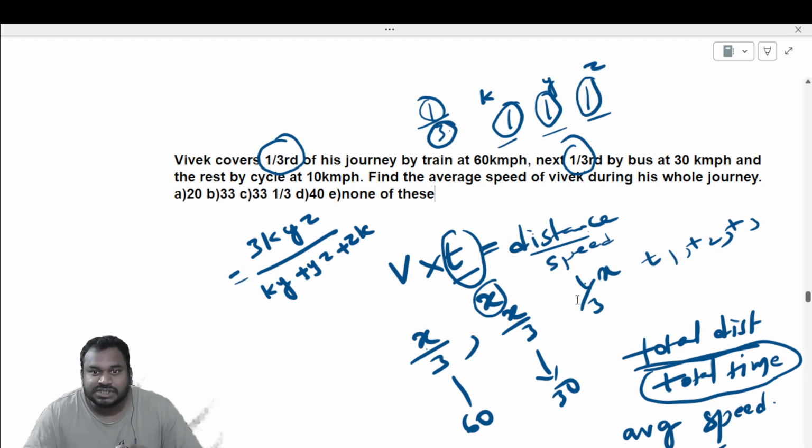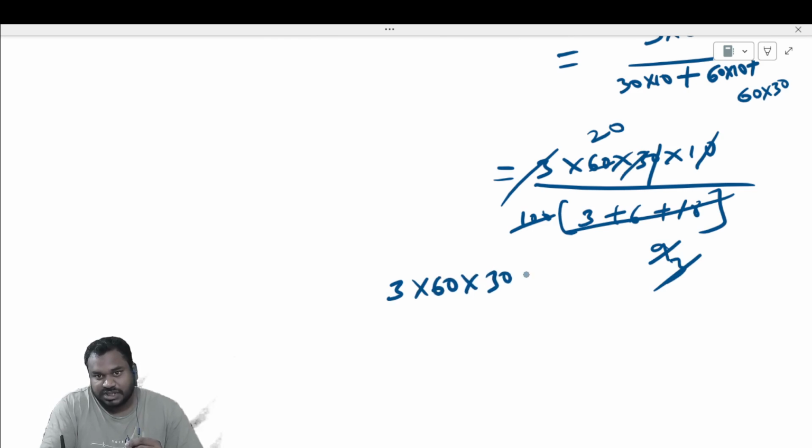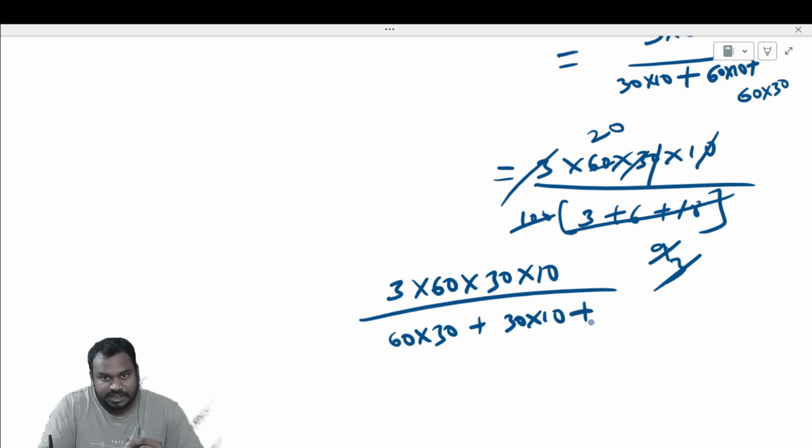So now I am using the shortcut, I will solve this. What is that? 3 into 60 into 30 into 10 divided by 60 into 30 plus 30 into 10, plus 10 into 60.